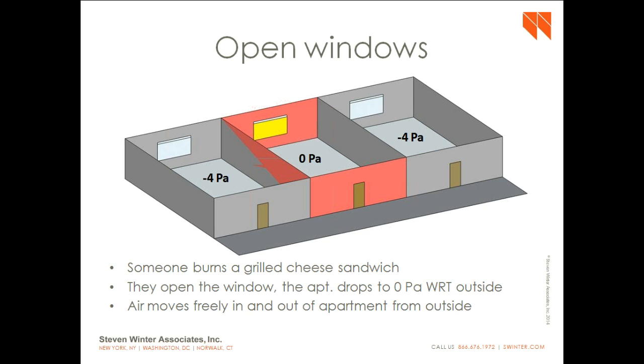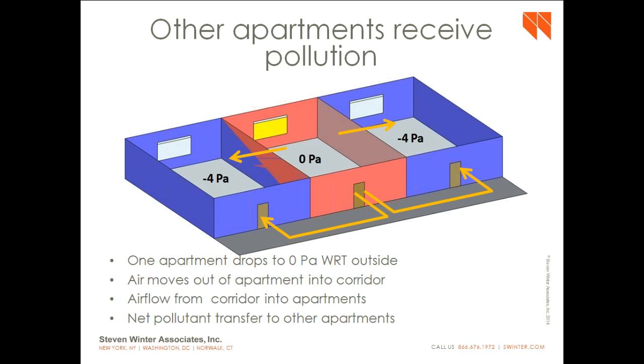So what happens if someone burns a grilled cheese sandwich? That pollution that comes from that apartment, this middle apartment is now at 0 pascals, and the other apartments are negatively pressurized with respect to that one, and so is the corridor.